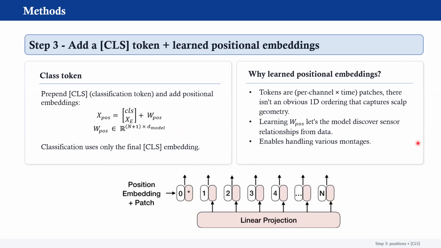So there isn't an obvious 1D ordering that can capture the entire scalp geometry, right? So they want the model to be able to discover these relationships between the sensors rather than having to impose that beforehand. And this will eventually allow their model to handle various montages.